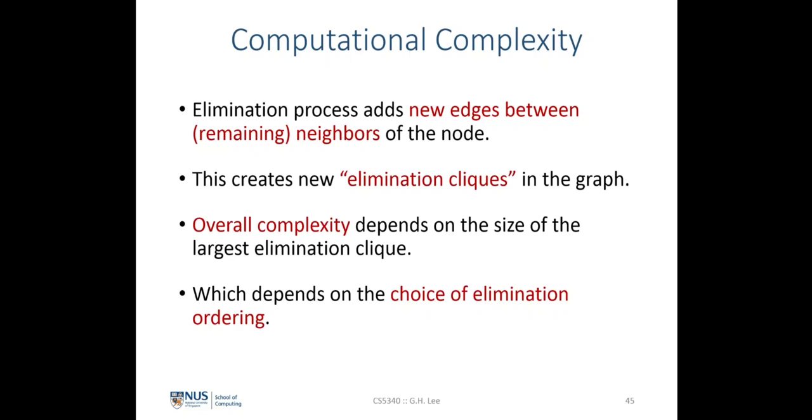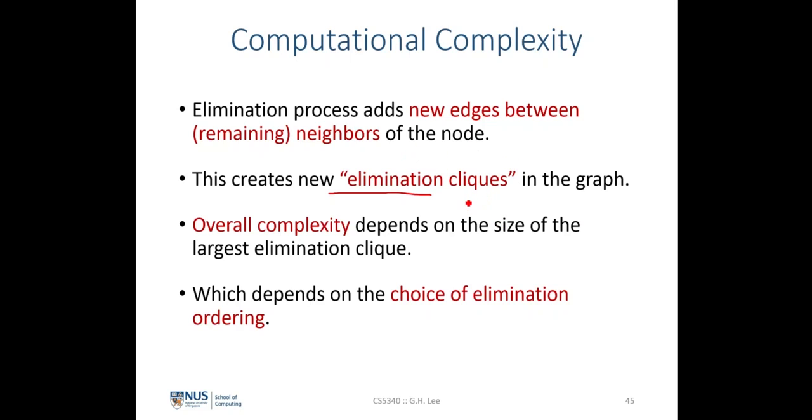And this creates what we call the elimination cliques in the graph, or new elimination cliques in the graph. So essentially what this new elimination clique means, it's referring to the message, the size of the final probability distribution table of the message that is created from eliminating a node.